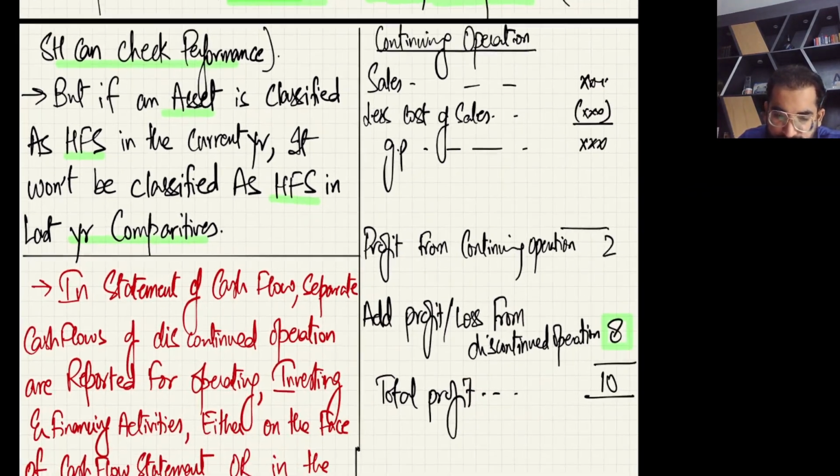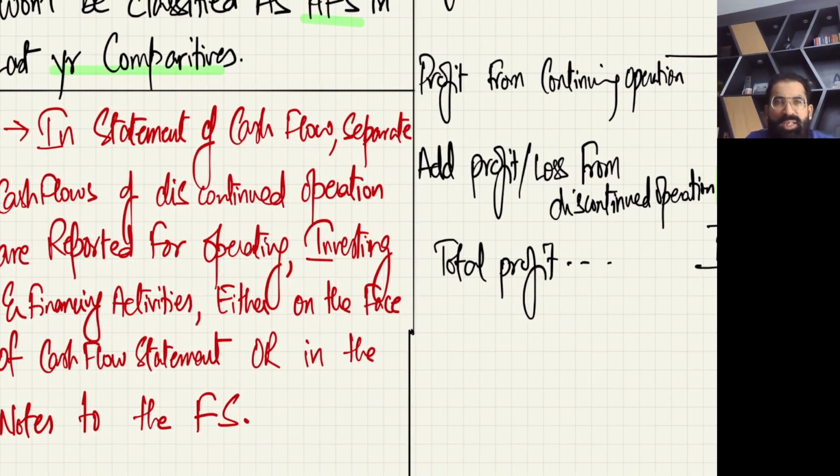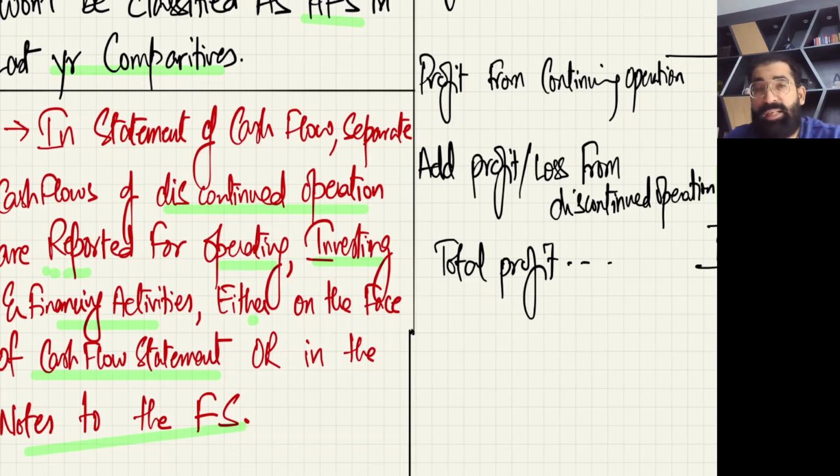Now the next thing, one more thing with the red pen. In the statement of cash flows, IAS 7, SOCF, separate cash flows of discontinued operation are reported for operating, investing and financing activities, either on the face of the cash flow statement or in the notes to the accounts. The statement of cash flows is also one of the performance statements. So for discontinued operation, you have two options.